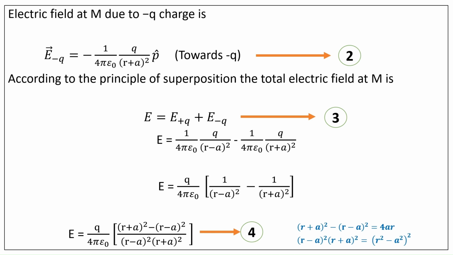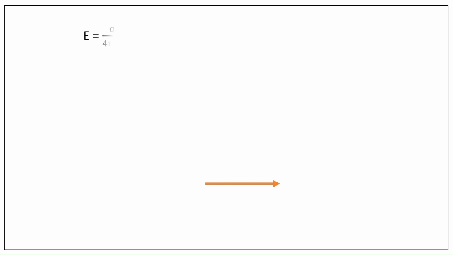On simplifying, (r plus a) whole square minus (r minus a) whole square is equal to 4ar. Similarly, (r minus a) whole square into (r plus a) whole square is equal to (r square minus a square) whole square. Substitute the values in equation 4.